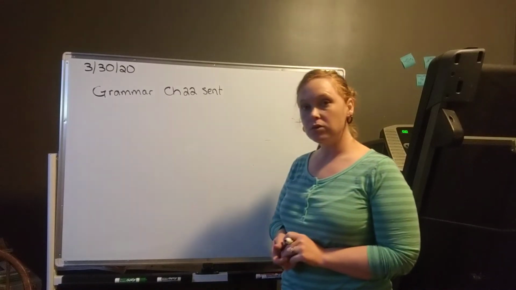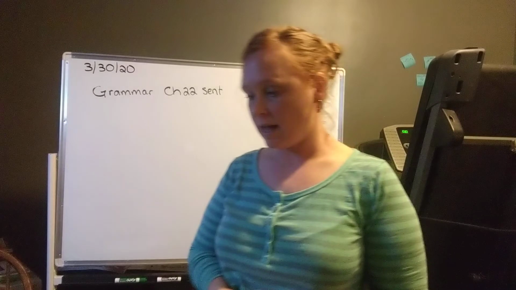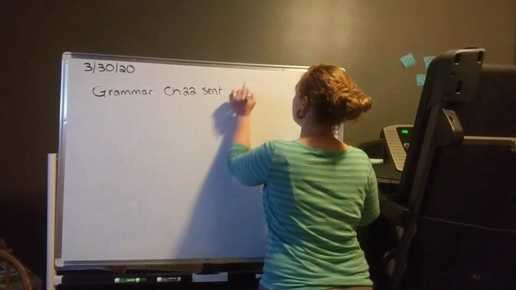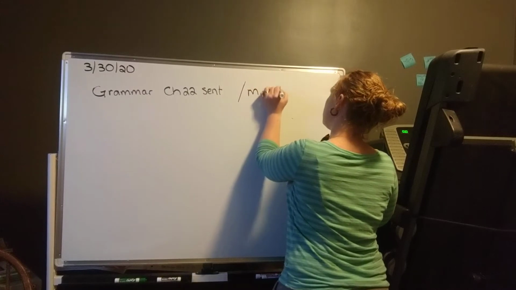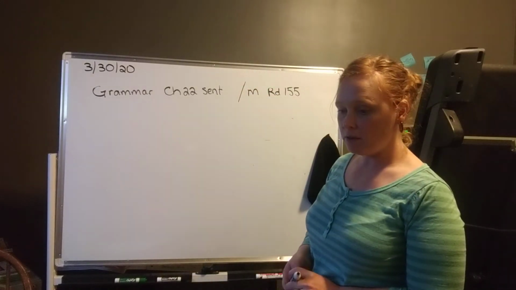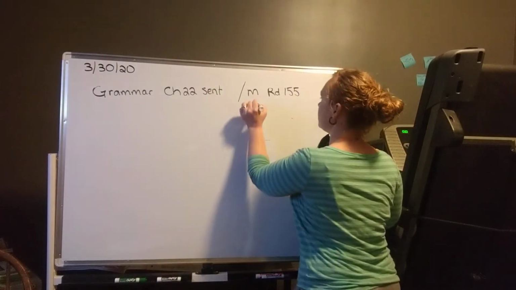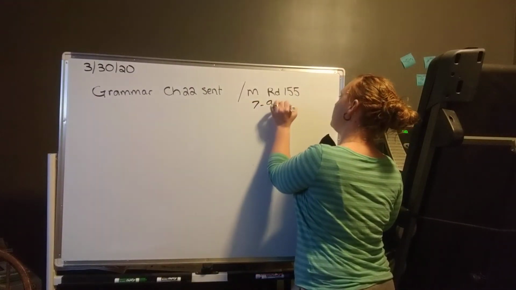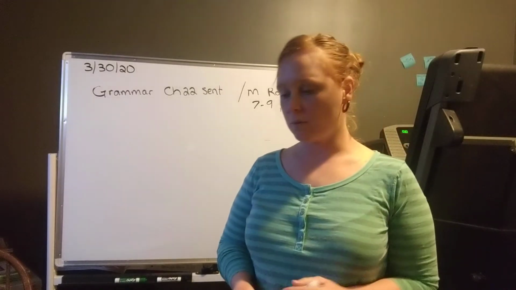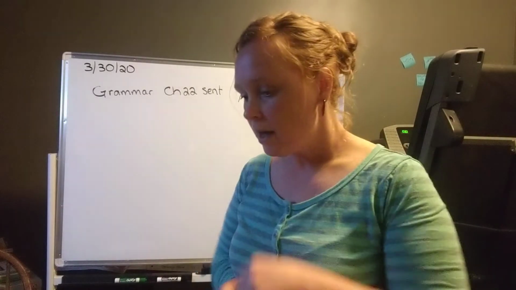If you are in middle school, you also have a video today for page 155. So for middle school, read page 155, and you'll find that on video for me to go over with you. And then you're doing 7-9 and 7-10. Okay, and I'll talk more about that in that video.